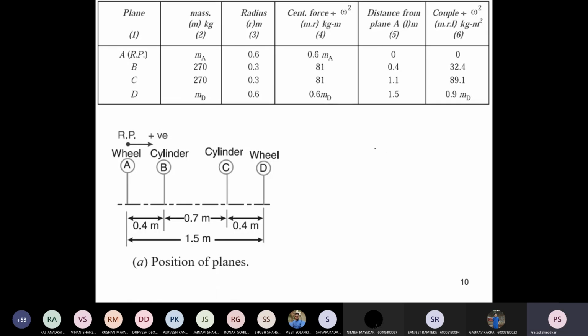So if I draw this, this is going to be B, this is 270 kgs, 270 kgs, and the radius of rotation is 0.3 meters.